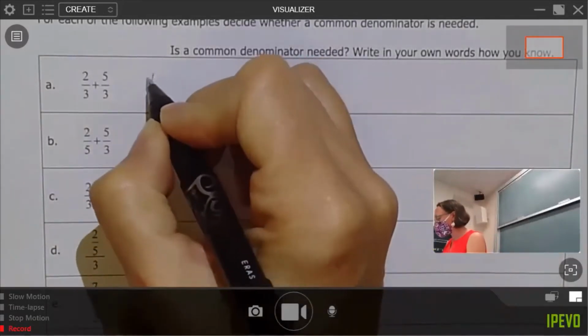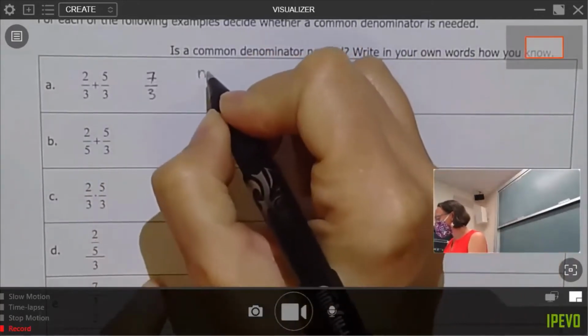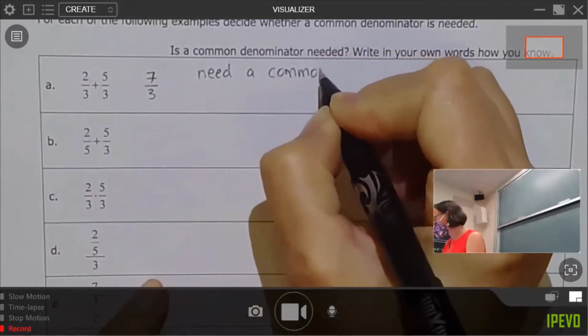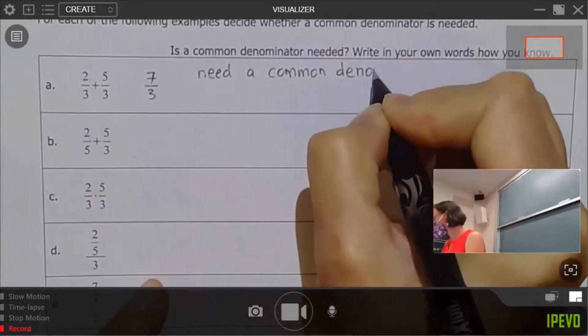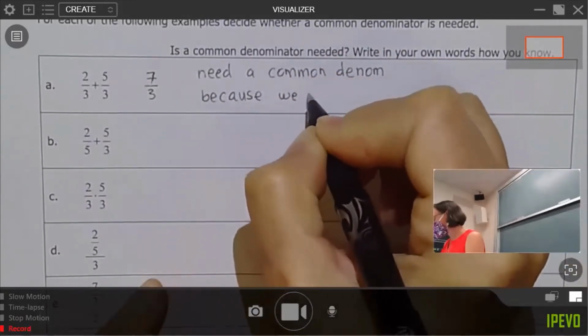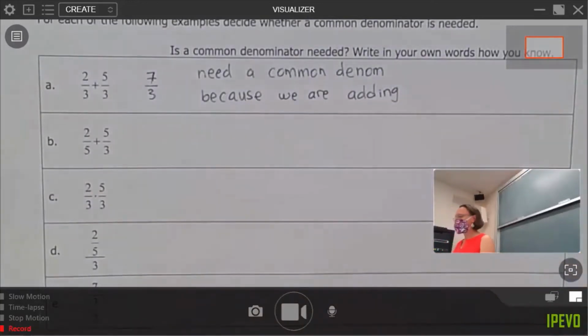So I'm looking at 7/3. But yes, we do need a common denominator, because we're adding. And if I'm adding or subtracting, I need to have the same size pieces.